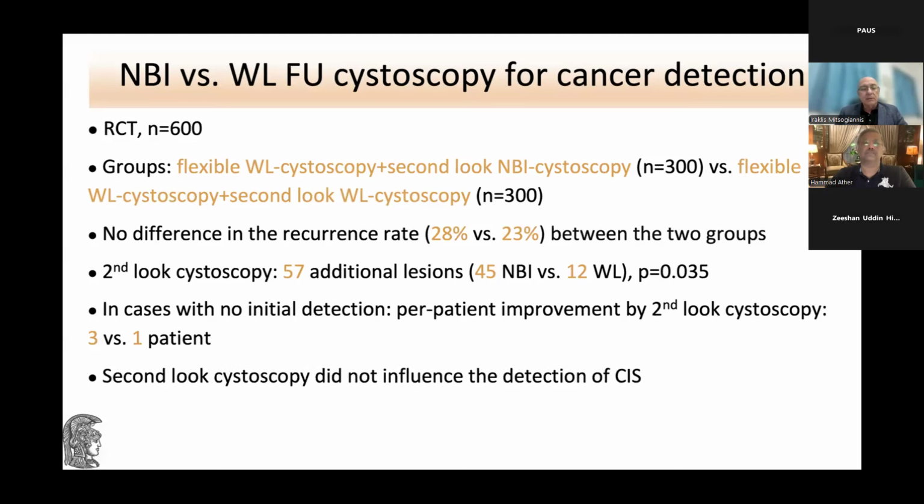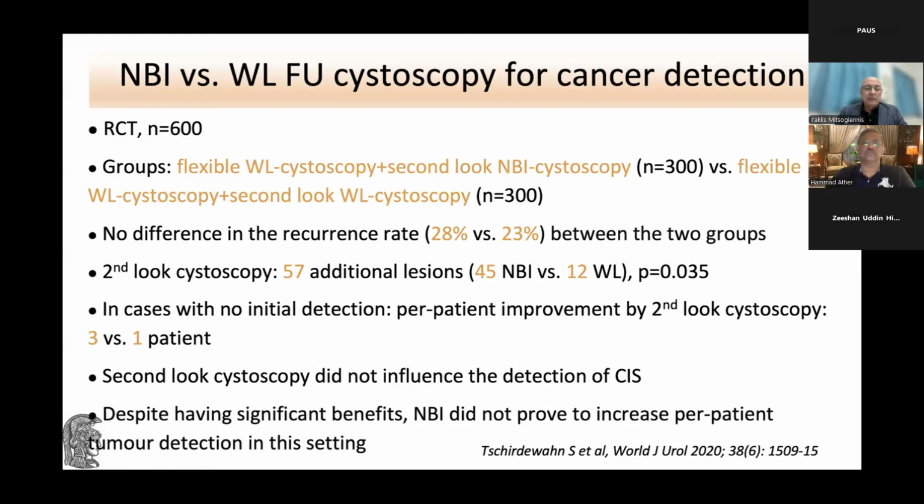Also, the second look cystoscopy did not influence the detection of CIS, and the authors concluded that despite having significant benefits, the narrow band imaging, which was checked in this study, did not prove to increase per patient tumor detection in this setting. So we have contradictory results. If I may say, my feeling is that this is a modality that may help towards a proper diagnosis and may be used as an adjunct measure.